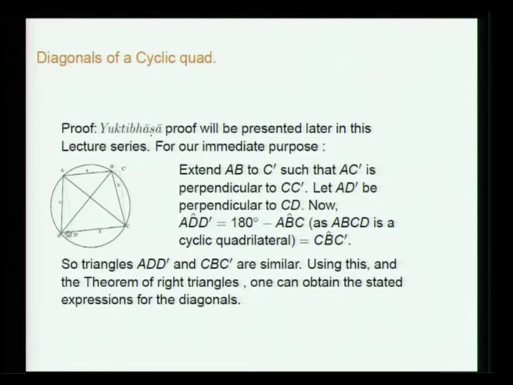So, this angle is equal to this angle, and one angle is 90 degrees in each of the triangles. So, these two triangles ADD prime and CBC prime are similar. Using this and the theorem of right triangles, one can obtain the stated expression for the diagonals.